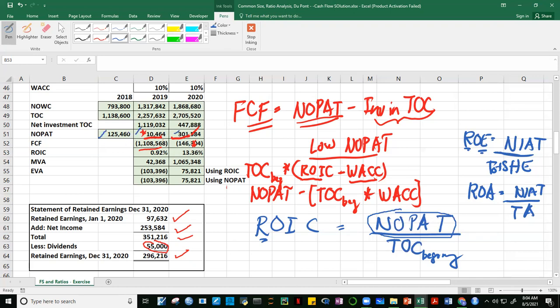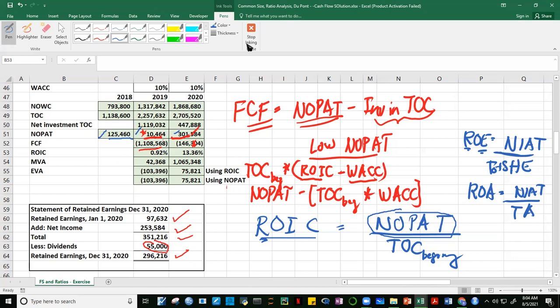In an absolute sense, 2019 had the worst performance. But we can tell if the performance is good by using a ratio called ROIC: NOPAT divided by TOC beginning.